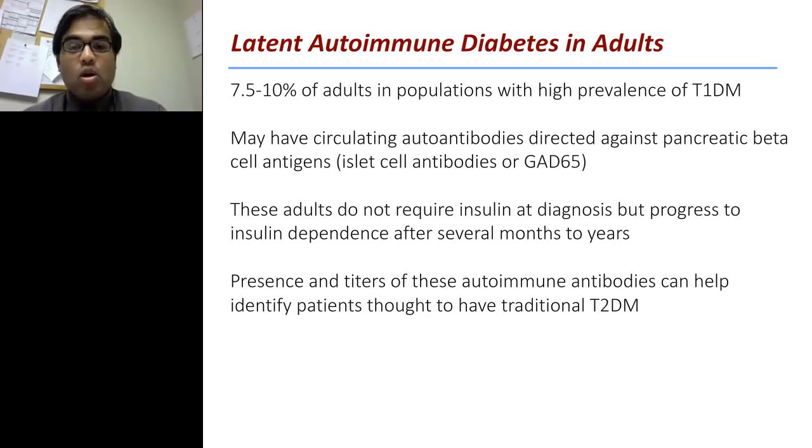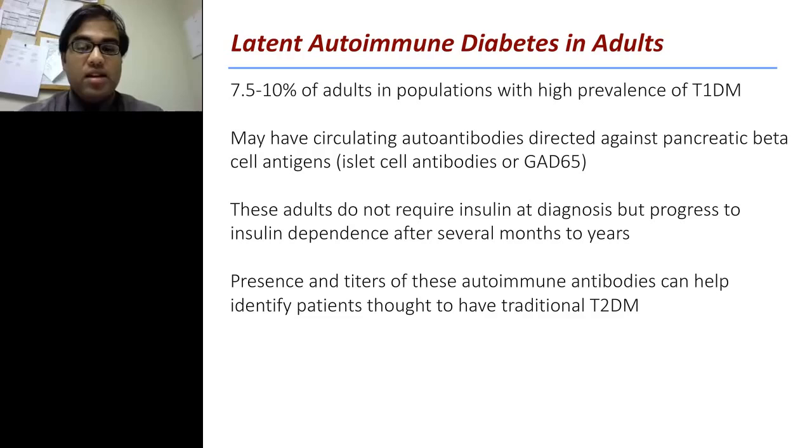So one thing to remember is, in a really minute portion of the population, probably in places where there's a higher prevalence of type 1 diabetes, close to 10% of adults may have something called latent autoimmune diabetes in adults, also known as LADA.